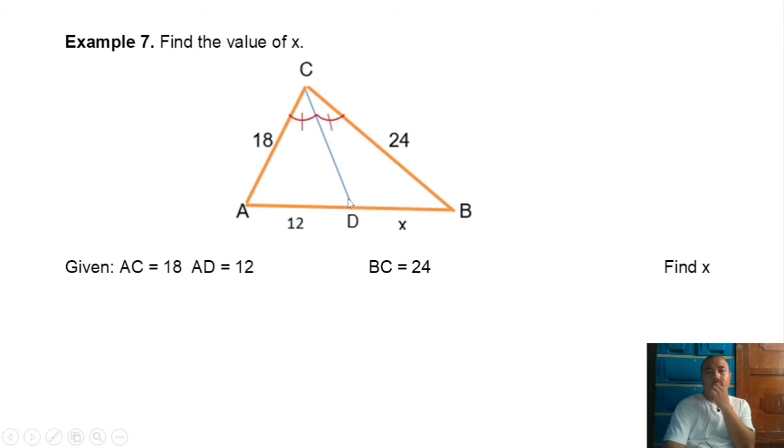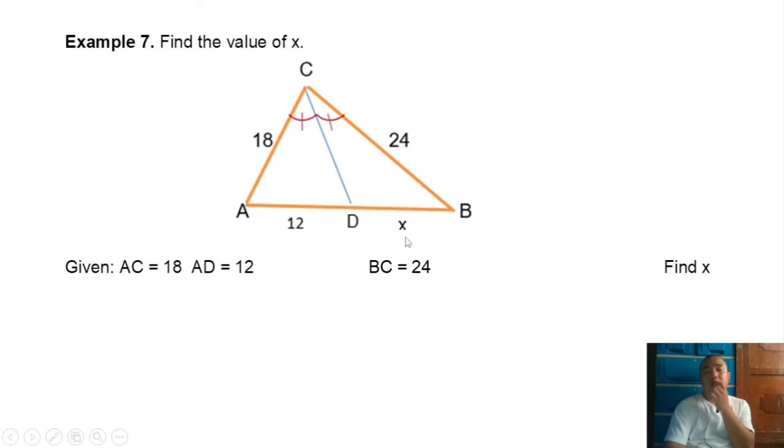It's called the angle bisector of angle C because it divides the measure of angle C into congruent parts. That means angle ACD is congruent to angle DCB. So that's why segment CD is the angle bisector. Given AC is 18, AD is 12, BC is 24. What is the length of BD?